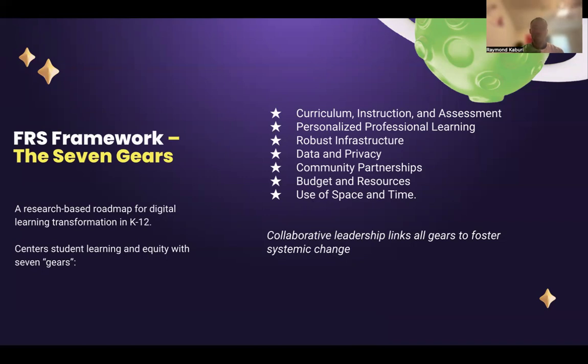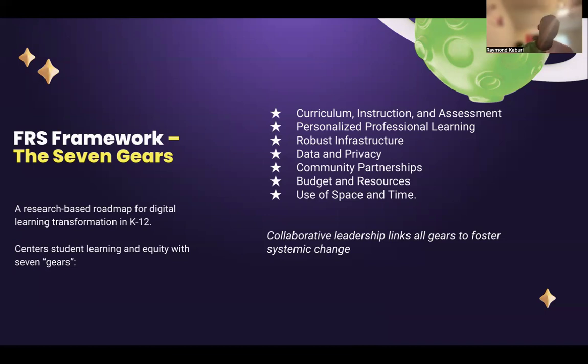The fourth is data and privacy. The fifth is community partnership. The next one is budget and resources. And the last but not the least is use of space and time. Now, let's look at it one after the other for us to maximize our understanding.